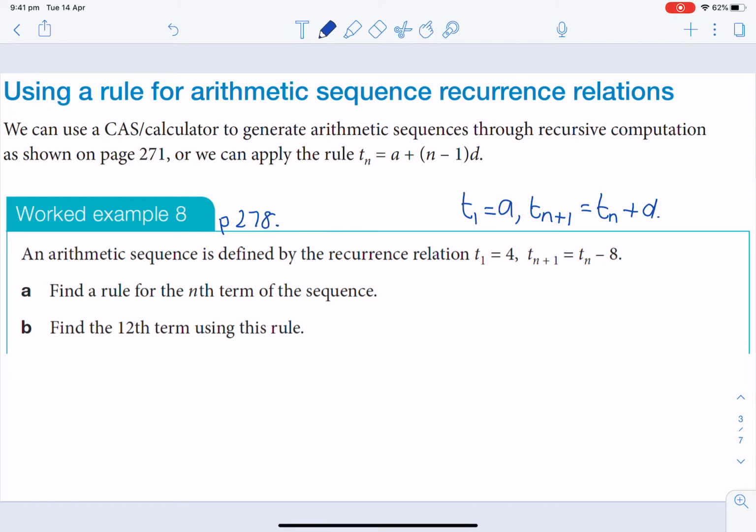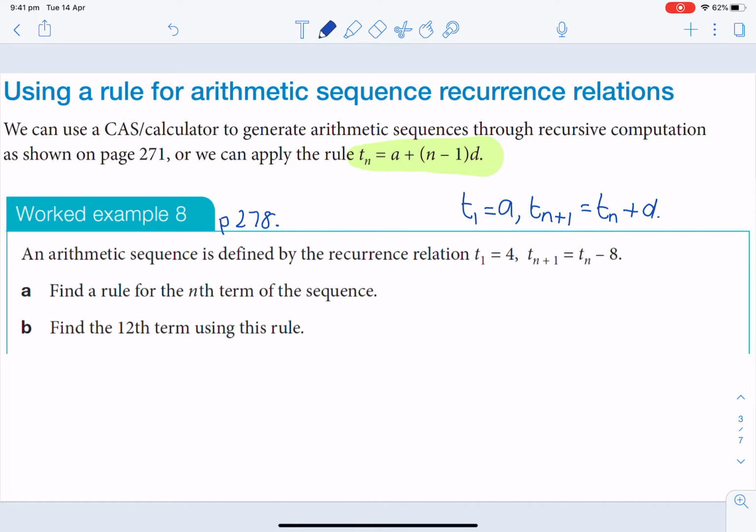Now we need to find a rule for the nth term of the sequence. We need to find all of our values. We want to plug those values into this formula and simplify, so that all we need to do is put in an n value and we can find our T of n value.